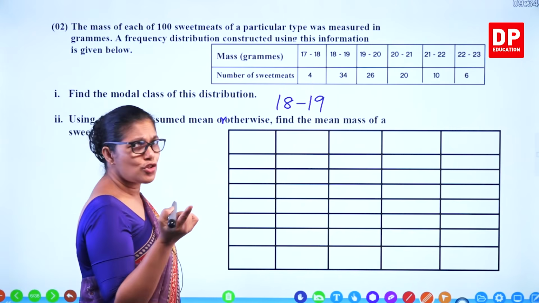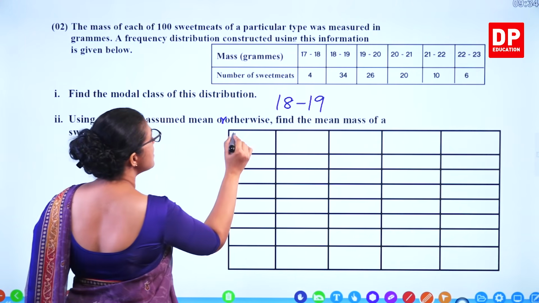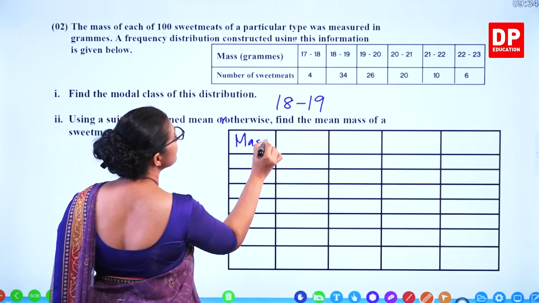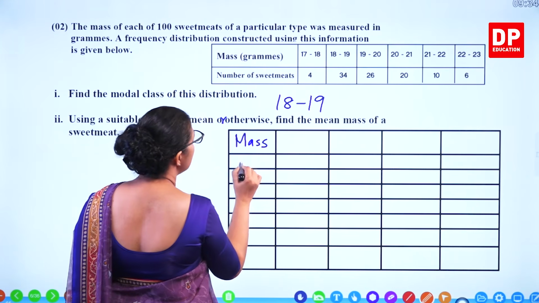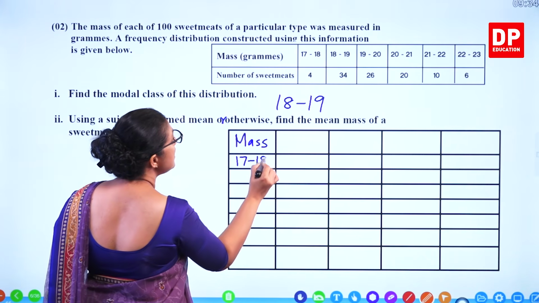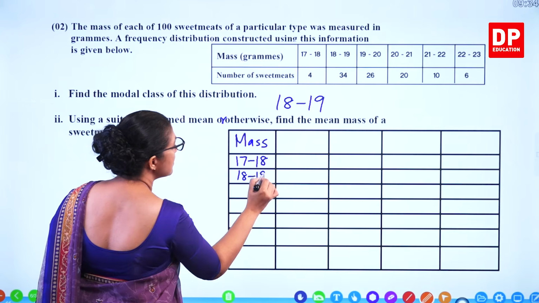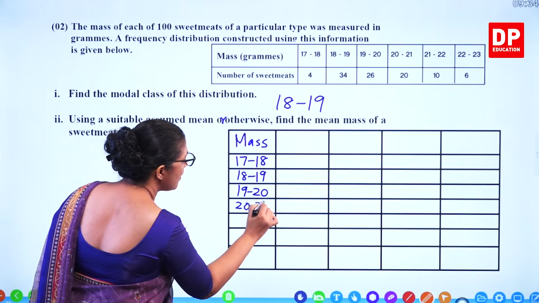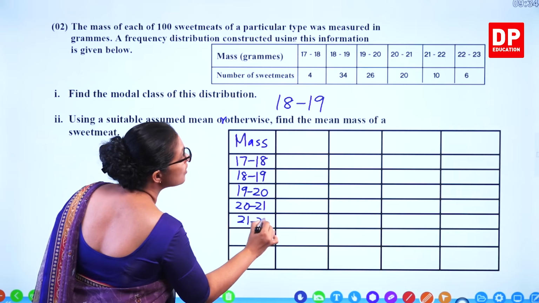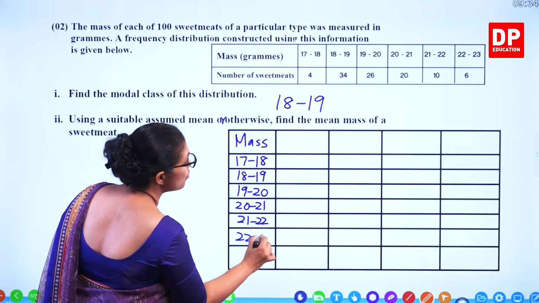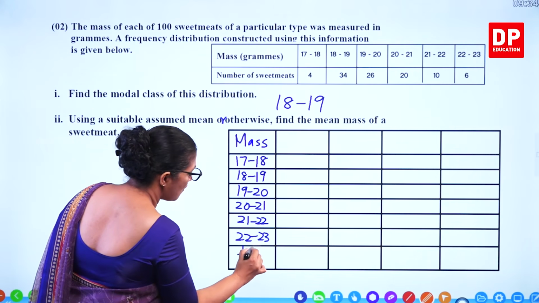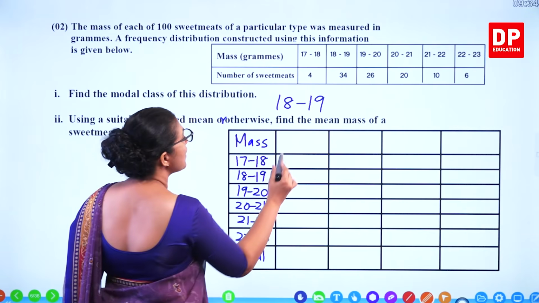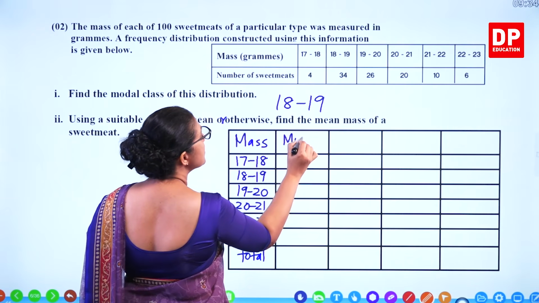So we'll use assumed mean and find out. So this is mass, and 17 to 18, 18 to 19, 19 to 20, 20 to 21, 21 to 22, 22 to 23, and we can find out the total there. And we need midpoint.